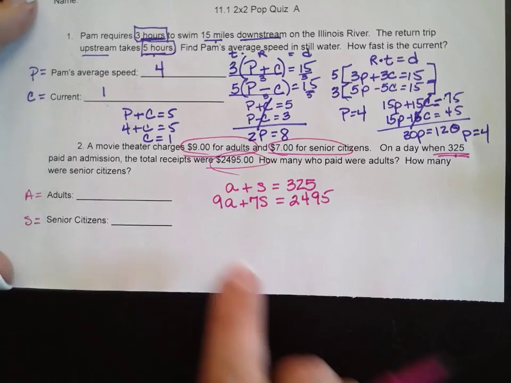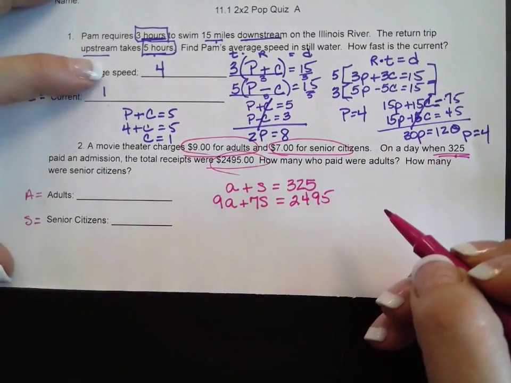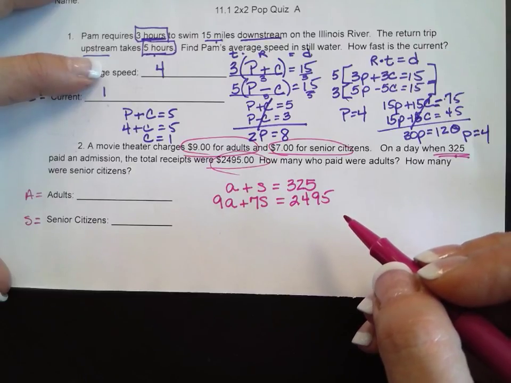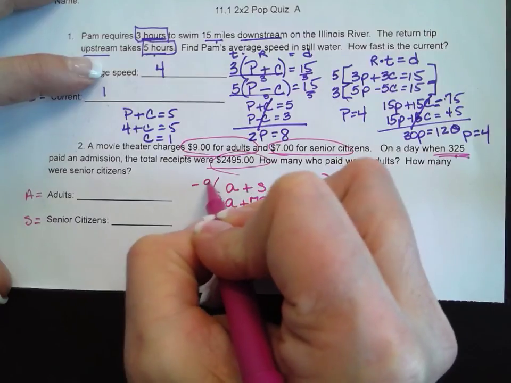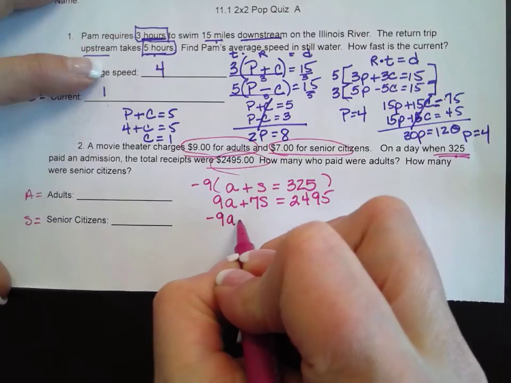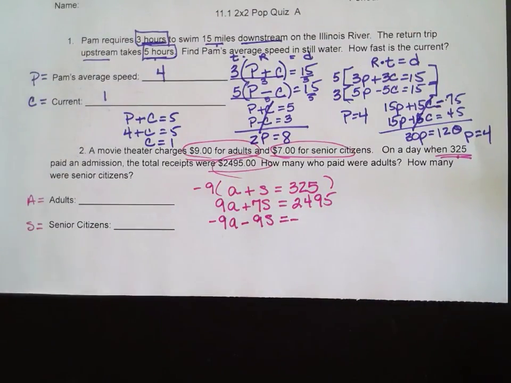All right, so you want to solve for A or S? Okay. So we're eliminating A. So I'm going to multiply this one by -9, and I'll get -9A minus 9S is equal to negative, what's 325 times 9?